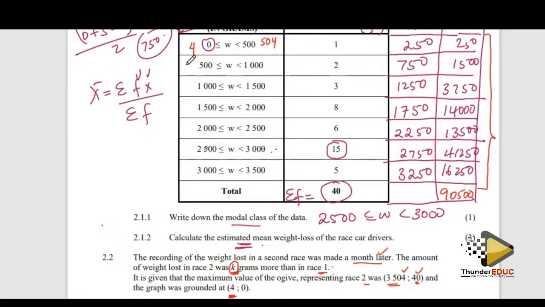So this will be 504, and then this will be 1004, then 1504, 2004, 2504, 3004, 3504. You can see how it's coming up.